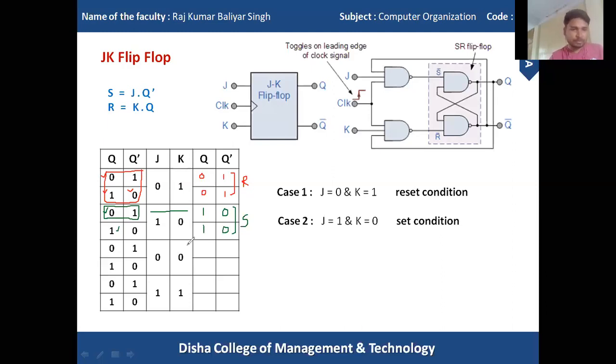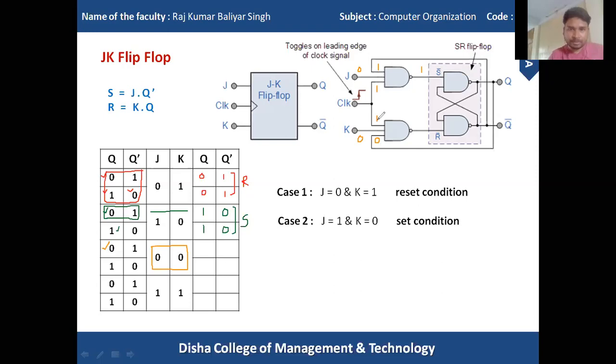Okay, let's check what will happen when j equals 0 and k equals 0. I'm taking j equals 0 and k equals 0, and for both cases the clock is 1, because the clock should be high for the working of this JK flip-flop. We are taking q equals 0 and q naught equals 1. Here q naught is 1 and k equals 0. So 0 and 1 and 1 will produce value 1.